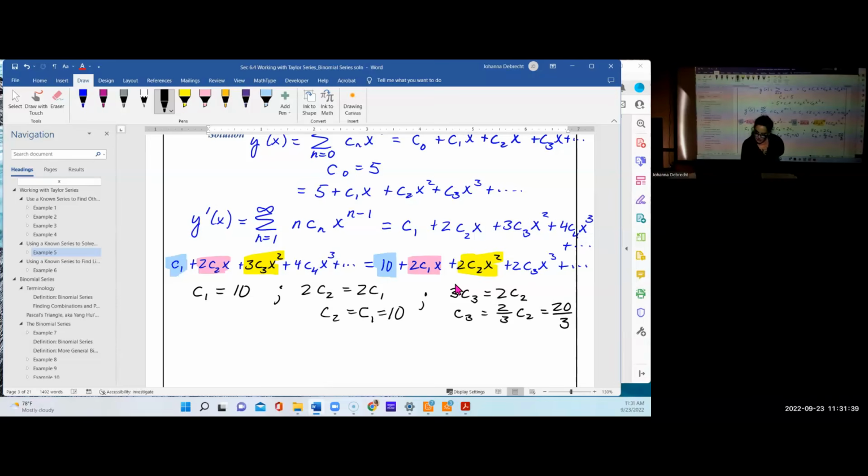Right? And let's do our last one that we have to look at here. We find another color to highlight it with. So we'll highlight this one in purple. And when we're setting the like term coefficients equal, we get 4c4 is equal to 2c3, which means c4 is equal to 2/4 c3, which is equal to 40 over, am I doing this right?